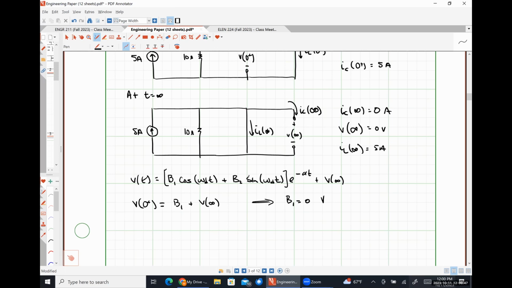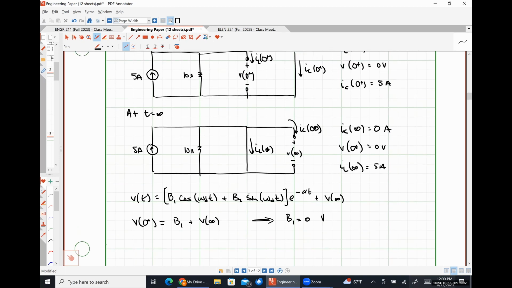That seem right? So at t is equal to 0, cosine goes to 1, sine goes to 0, so this whole term goes away, e to the 0 is 1, so all we're left with is B1 plus this term out here, which will be constant. V at 0 plus was also 0, so 0 equals B1 plus 0. The only way that works is if B1 is 0.